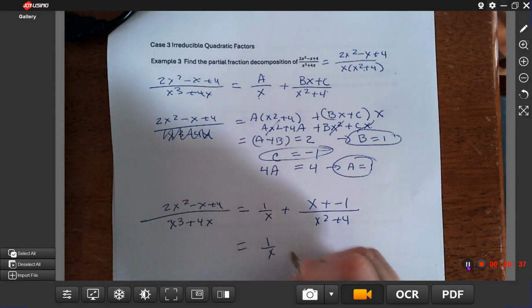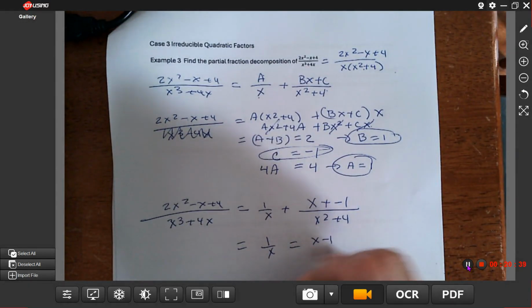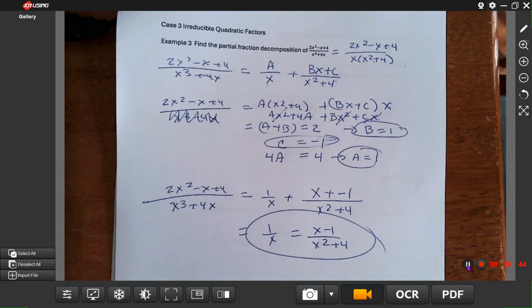So I'll just write this a little neater here. Woohoo, we did it!